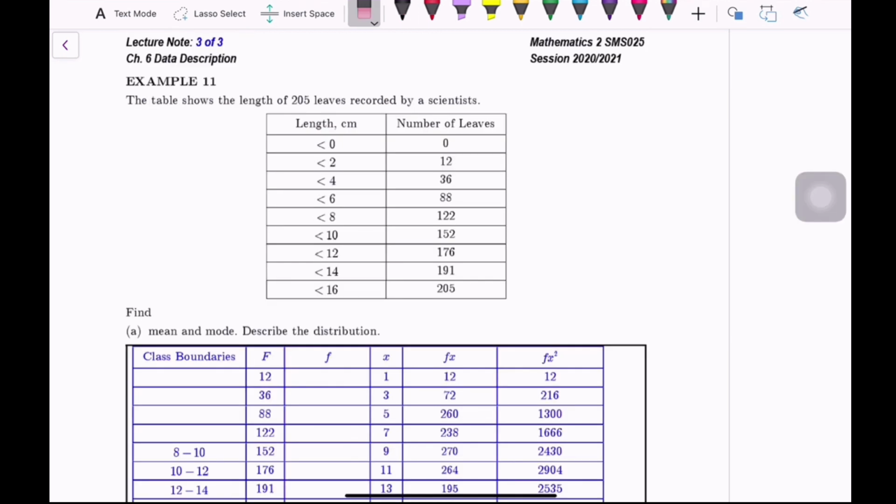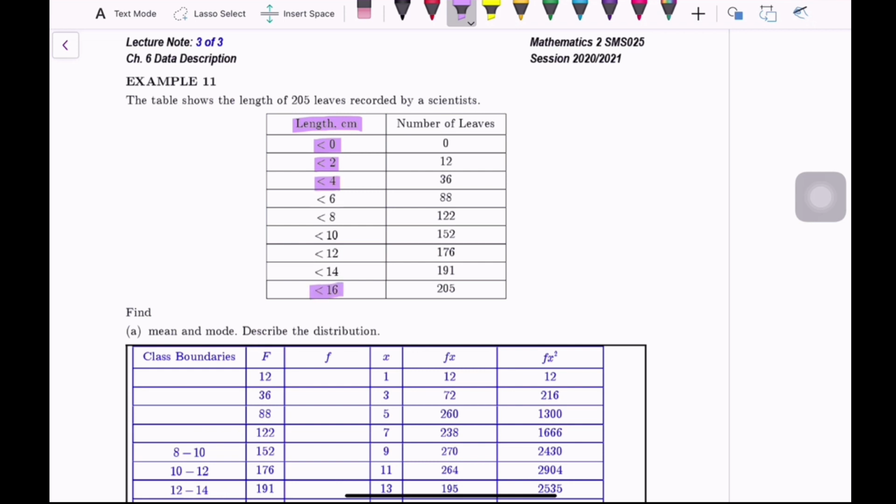Example 11. The table shows the length of 205 leaves recorded by a scientist. A. Find the mean and mode. Describe the distribution. Given the length in cm in the form of inequalities: less than 0, less than 2, less than 4, until less than 16.